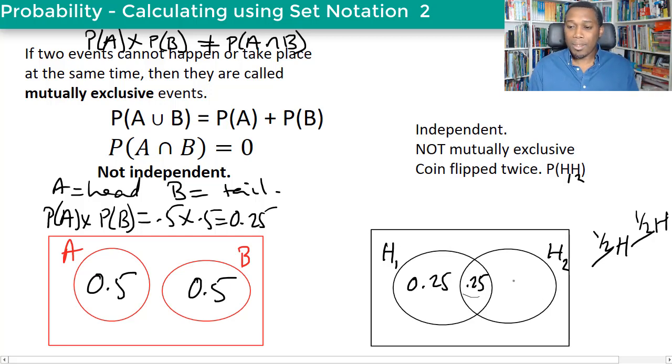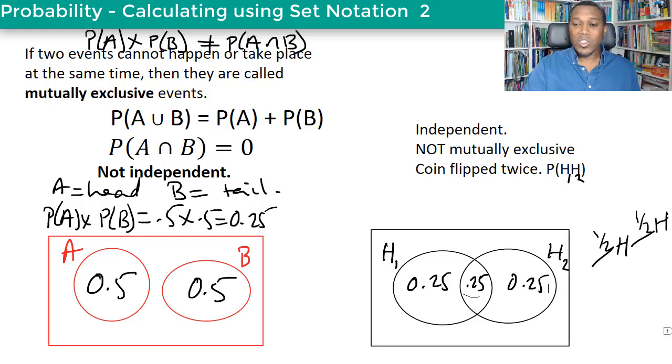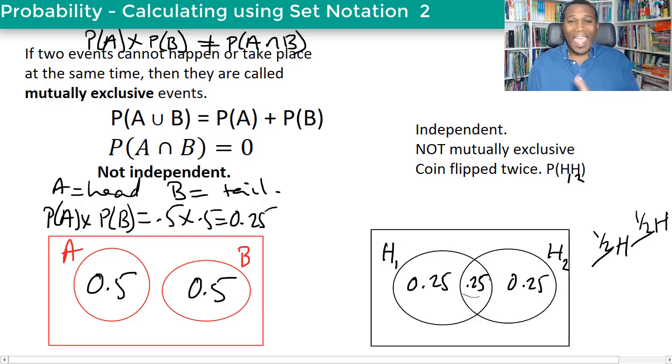Head the second time, again, I need to use a 0.25 and a 0.25. You can see it's 0.5. We're getting 0.5 for head the second time. And look at what happens when we do that test. Are these events mutually exclusive? No, because you can get a head and a head, first time and second time. And then in terms of being independent, let's do the test.